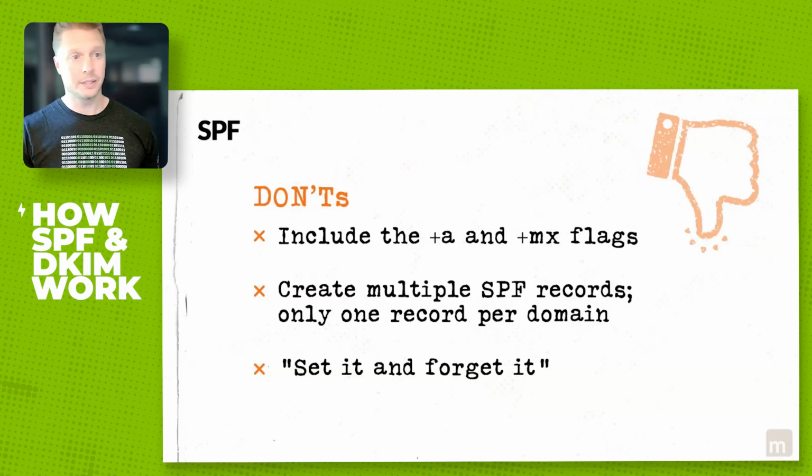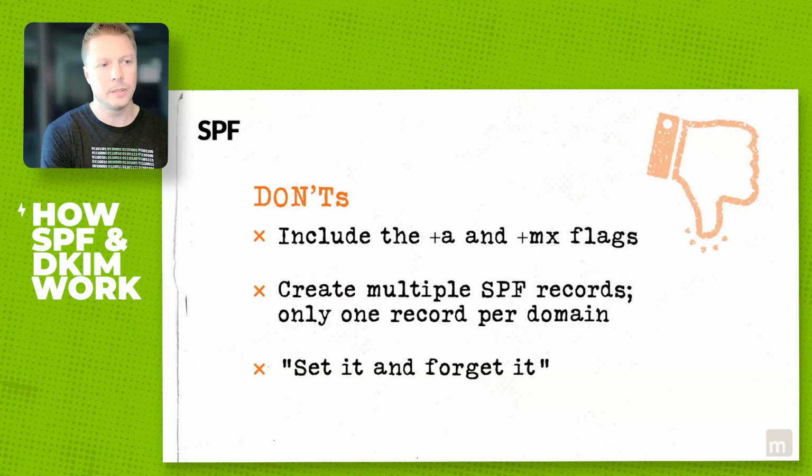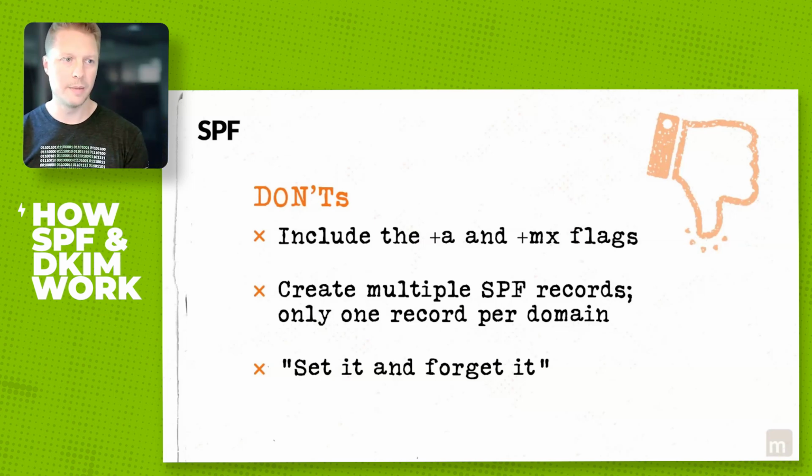And the +MX flag in and of itself is kind of a wasted lookup because if you're using Office 365, Google Workspace, for example, you will never, ever send an email from the MX record. Your MX record pointing to Microsoft or Google is not a source of outgoing emails. So there's no point in having it. And in general, that's going to be the case unless you have an on-premise server. That +MX flag is just a wasted lookup.